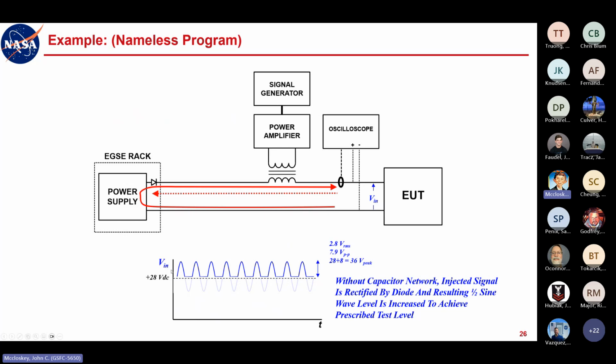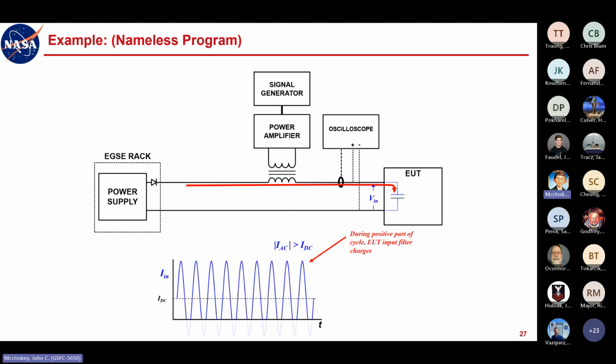The control loop doesn't know anything about the shape of the waveform. It says, my RMS level is below the 1 volt RMS, or whatever the desired level I'm trying to reach, so I need to increase my drive level to get the desired RMS level that I've specified. So it's increasing the level even more because it can't quite give you that, because it's an asymmetric waveform. See how this starts to run away from you?